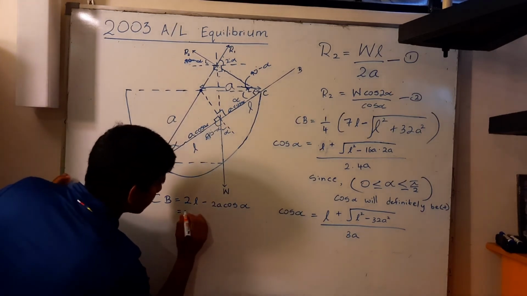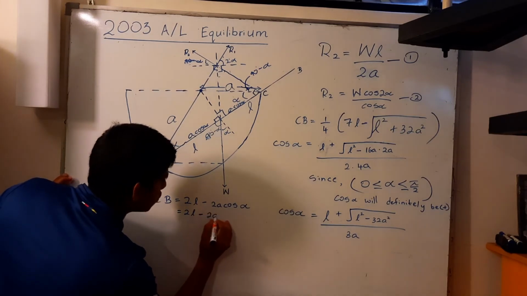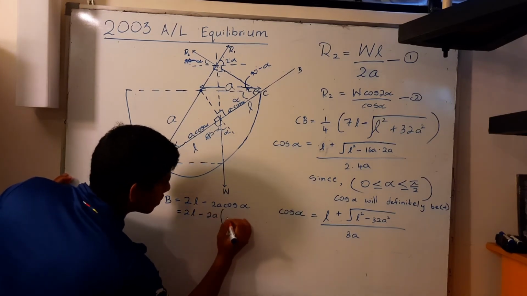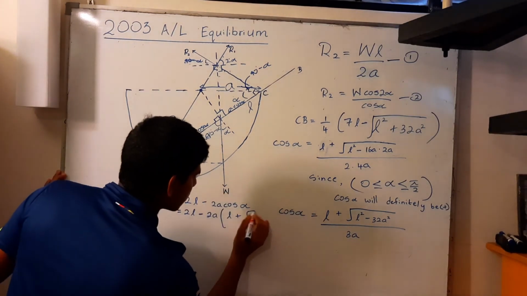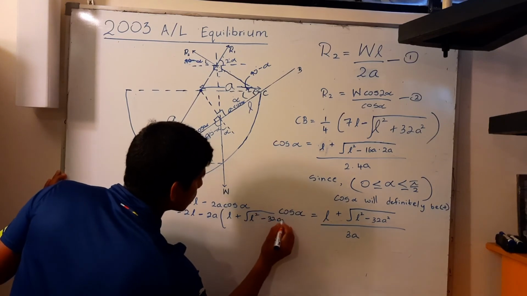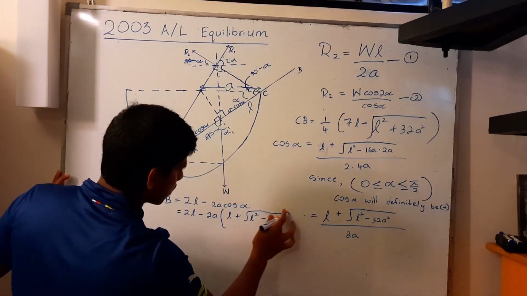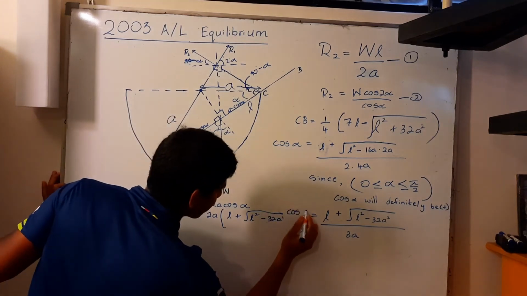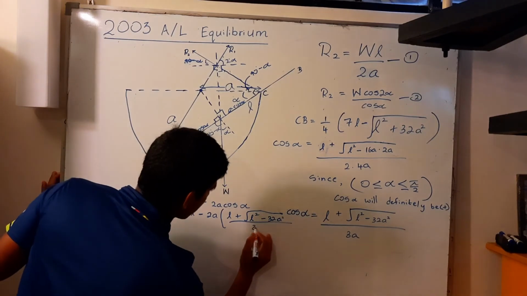If you simplify this, 2L minus 2A brackets L plus root of L squared minus 32A squared over 8A.